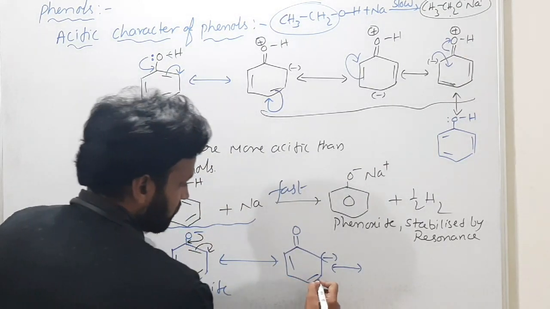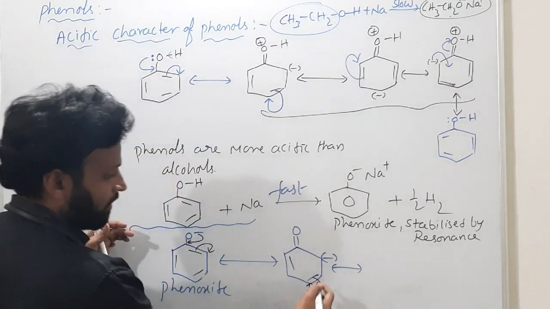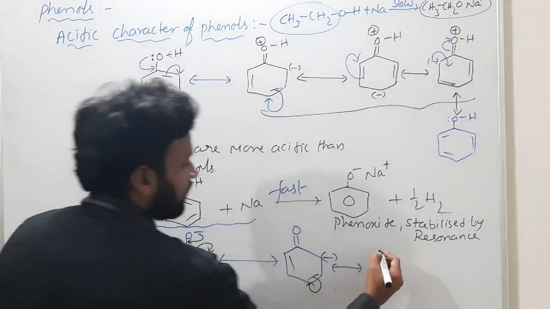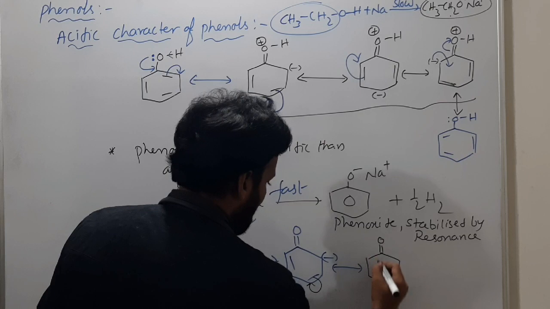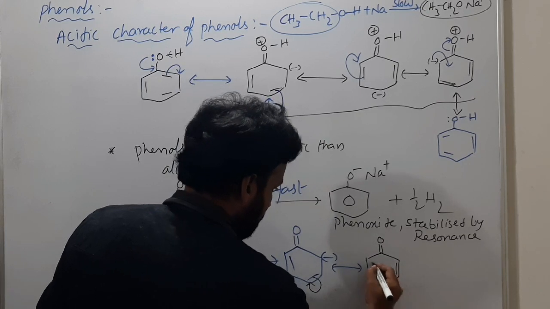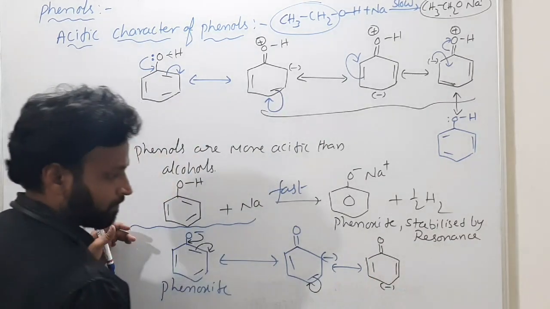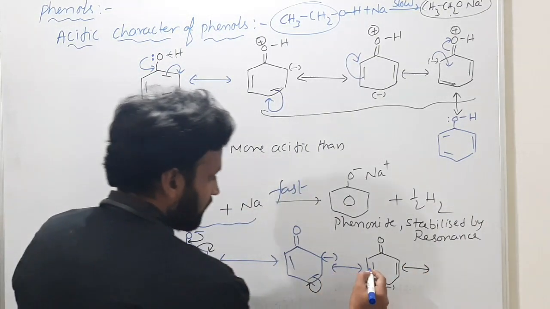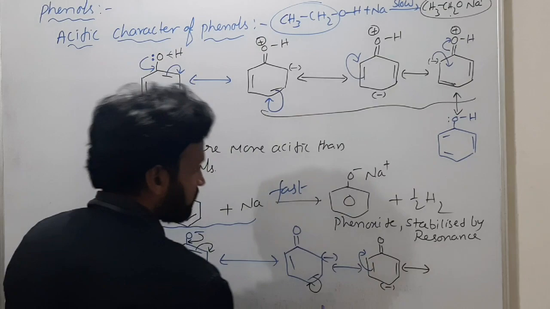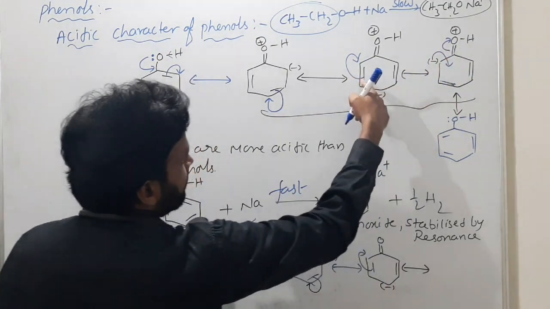These five electrons, if they migrate downwards, certainly again a negative charge here, then you will have double bond O and negative charge here. Correct? Next structure, if you want, it's very simple. These five electrons upwards, same like this.